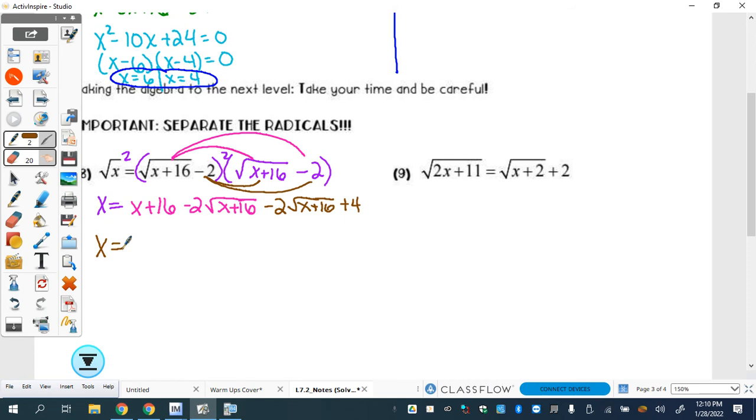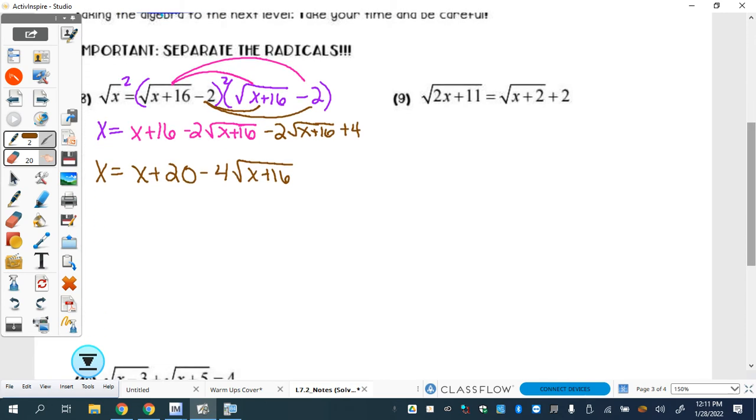Combining my like terms over here on the right side. And I get x plus 20 minus 4 radical x plus 16. I had the -2 and the -2 makes it -4. So now we're going to follow the same steps we would do if we hadn't done anything yet.